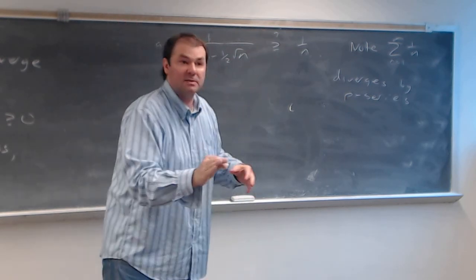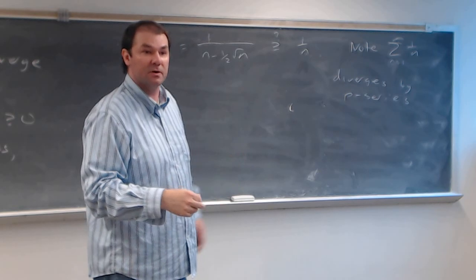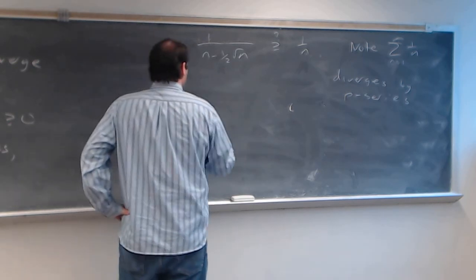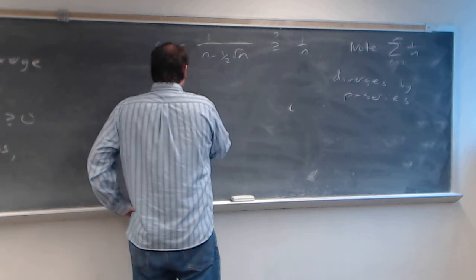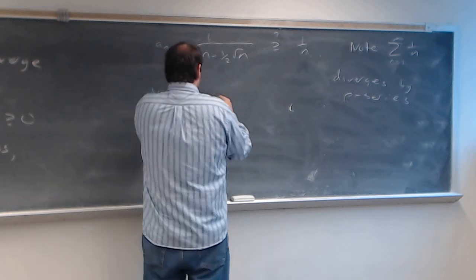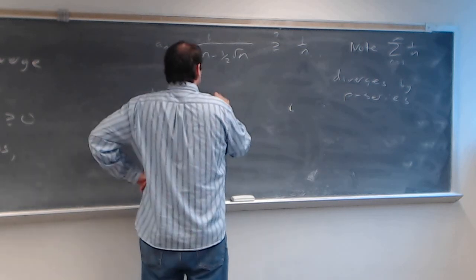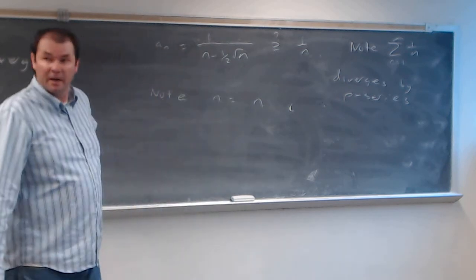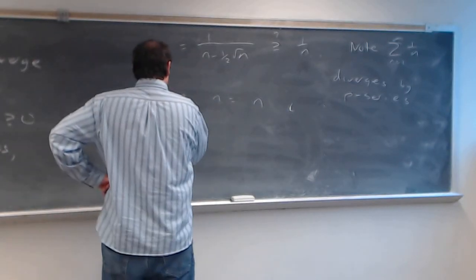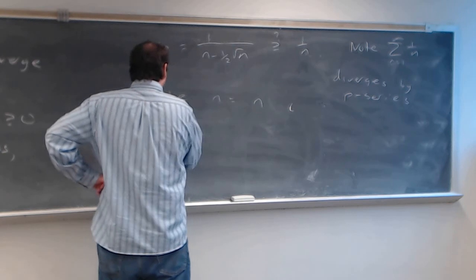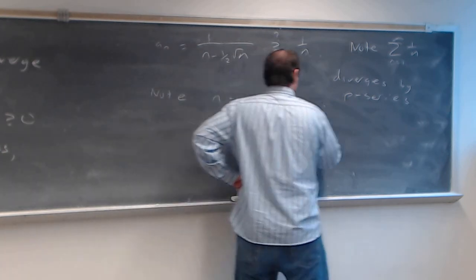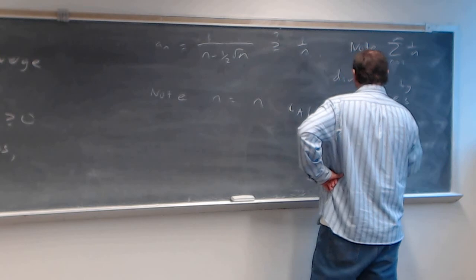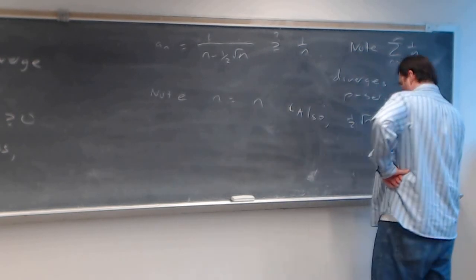So I told you why I picked what I did, because it resembles the formula we had. I just have to show this. Note, n equals n. And also, 1/2 times the square root of n is greater than 0.